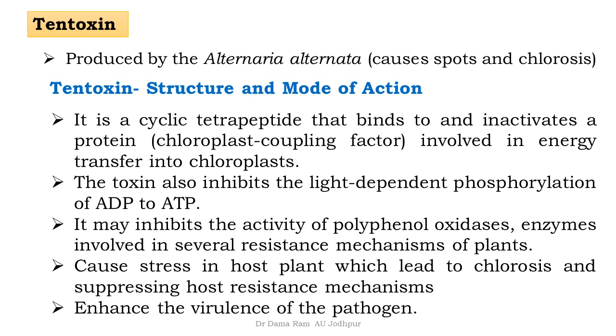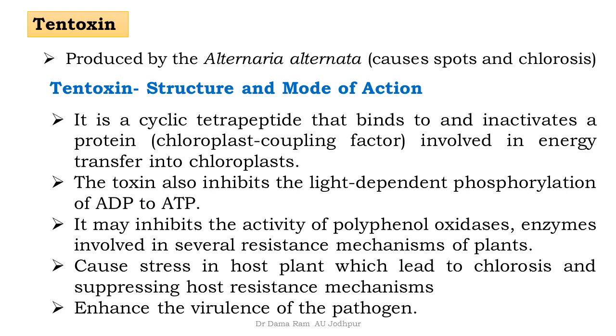As for the structure and mode of action, tentoxin is a cyclic tetrapeptide that binds to and inactivates a protein, the chloroplast coupling factor involved in energy transfer in the chloroplast, and it also inhibits chloroplast RNA polymerase.